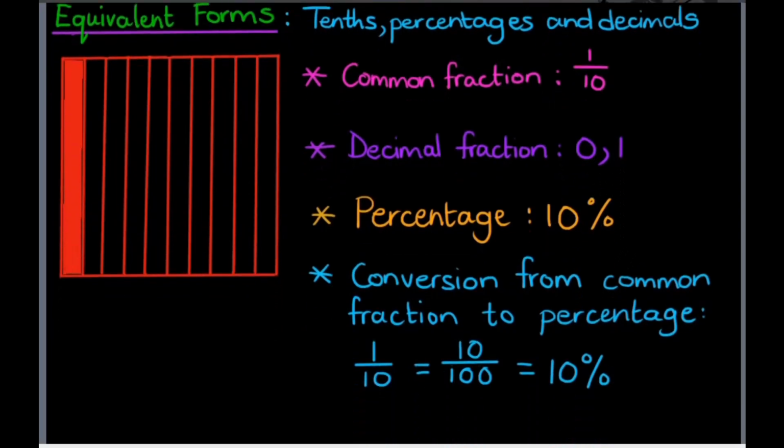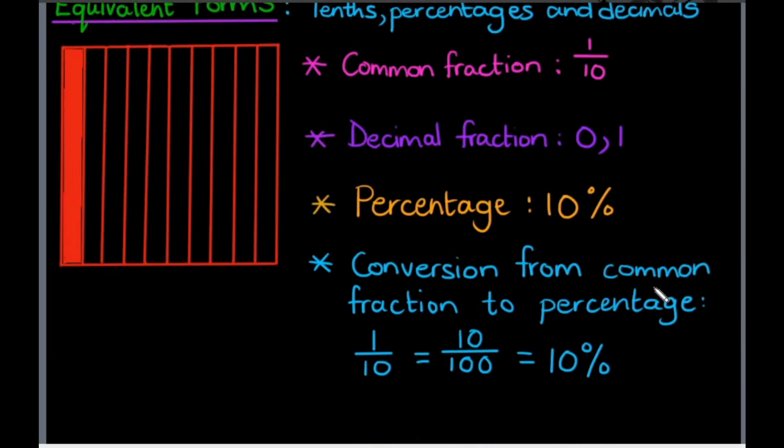When we talk about the conversion from a common fraction to a percentage, we usually have to multiply the tenth in order for us to convert it to a hundredth. Because as you know, a hundredth gives us the overall percentage of something.